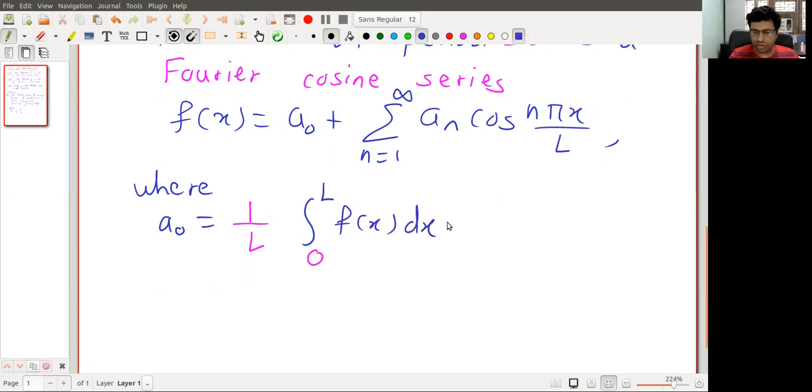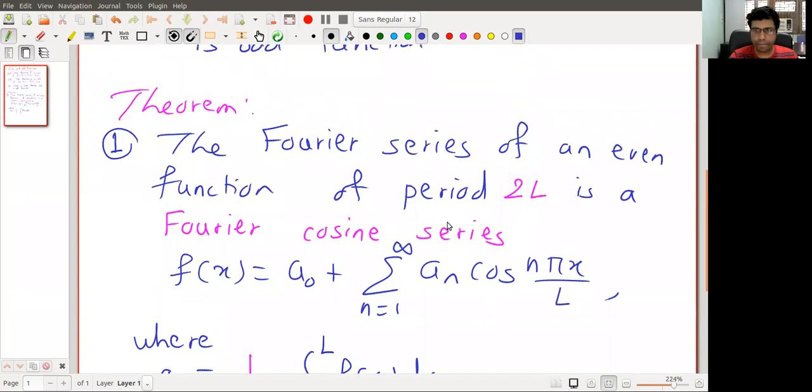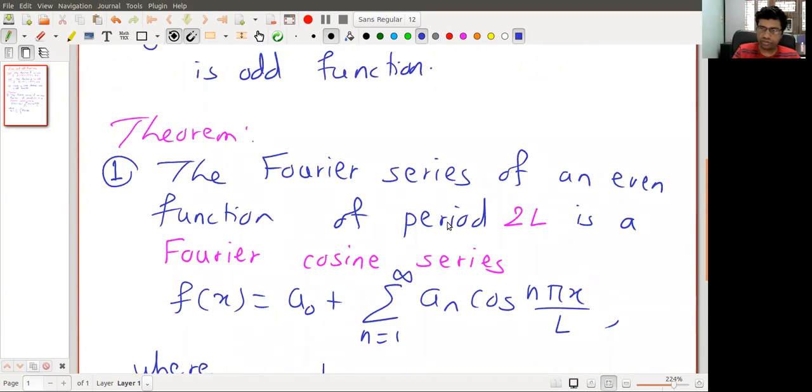Here function f is an even function, so we are getting this expansion.